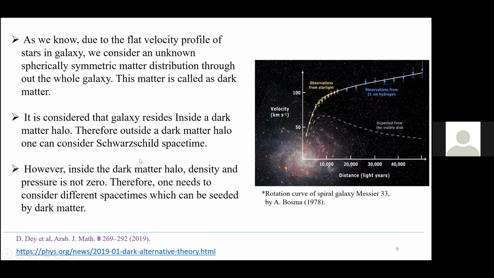However, inside the dark matter halo, density and pressure are not zero. Therefore, one needs to consider a more physically realistic space-time that is sourced by dark matter or other baryonic matter, and this is a well-known picture describing the rotation curve of the spiral galaxy M33.